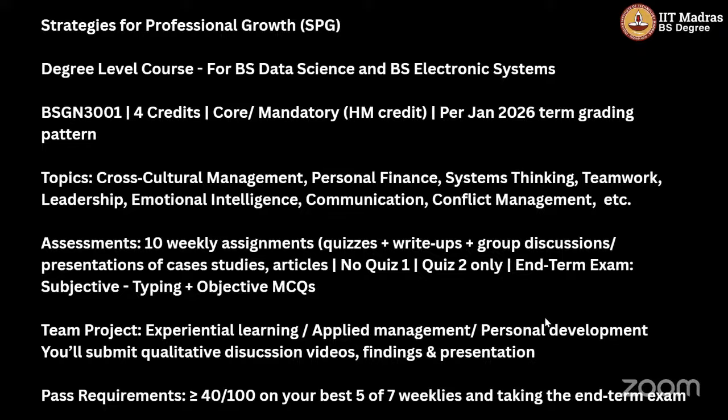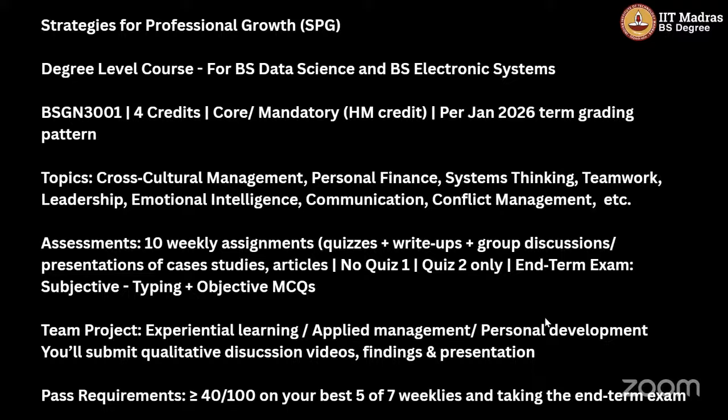You would be interacting with external stakeholders who are not associated with the IIT M BS program, deriving some sort of qualitative insights from that interaction and doing secondary research as to how the topic that you are exploring is fitting into the current world setting, and presenting it as the final report.